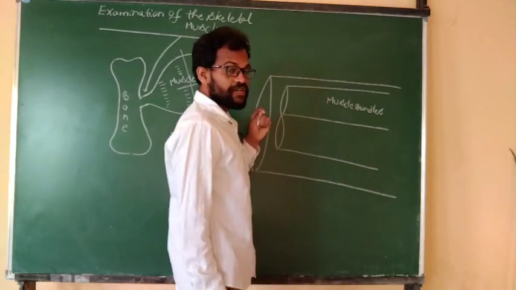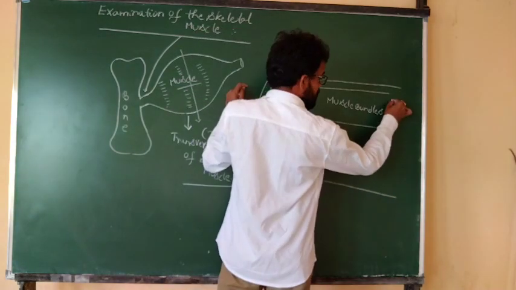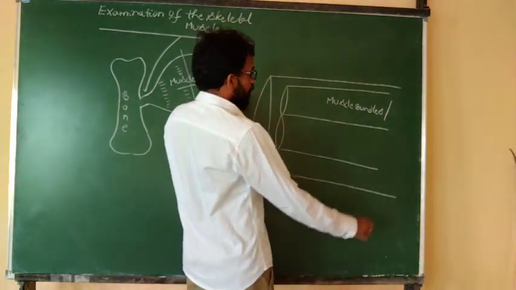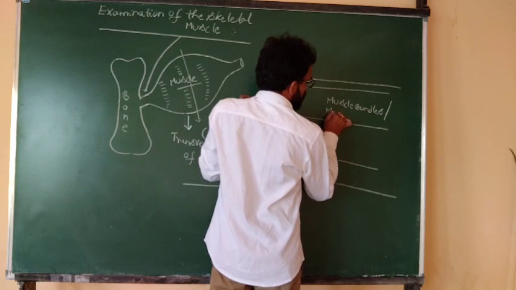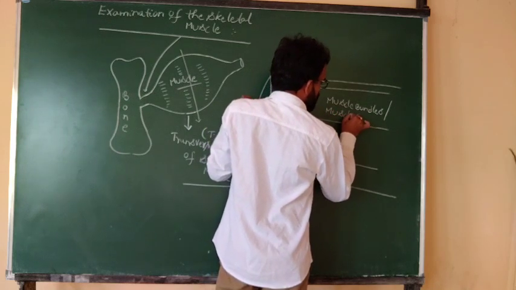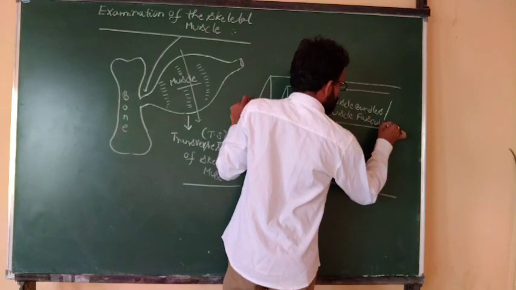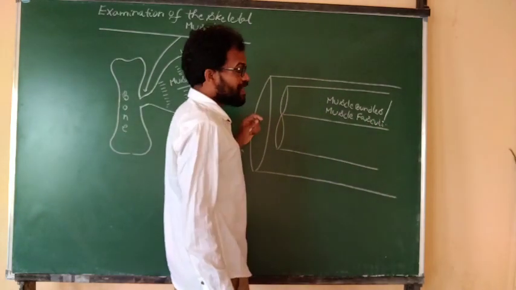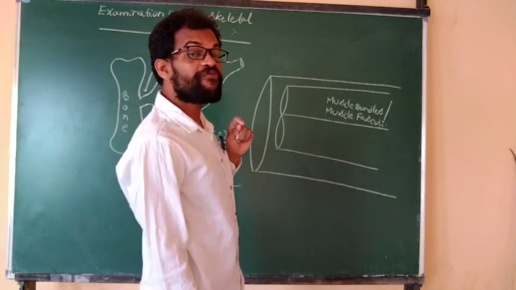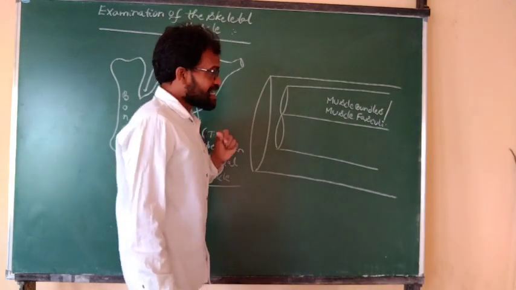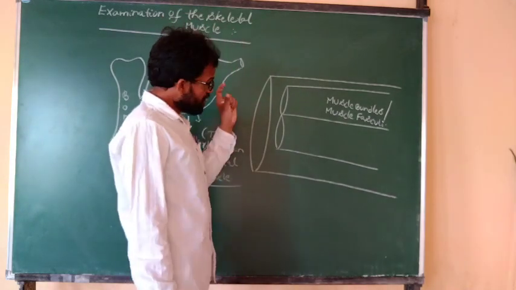The entire skeletal muscle is composed of muscle bundles. These muscle bundles are also known as muscle fasciculi. What is the other name of the muscle bundle? Muscle fasciculi.